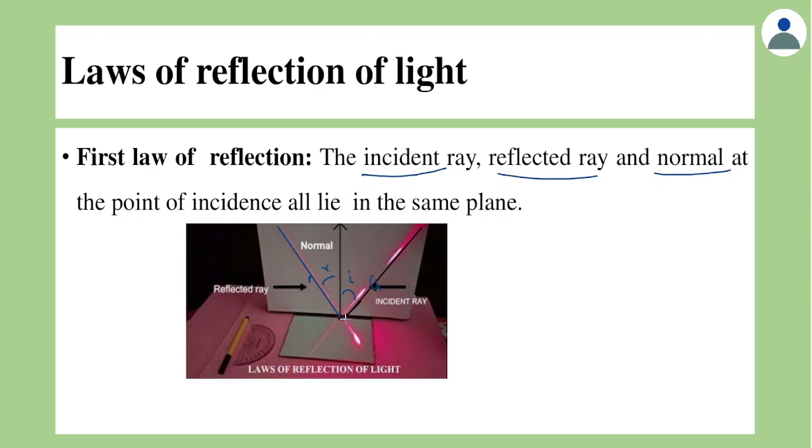You find its reflection here also. So you find that even here these two light rays are in the same plane. Light comes like this and comes out like this. So even here you find that the incident ray and reflected ray are in the plane of the glass. That's the first law.